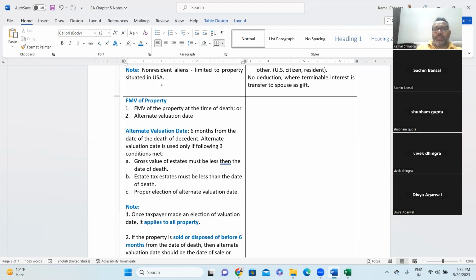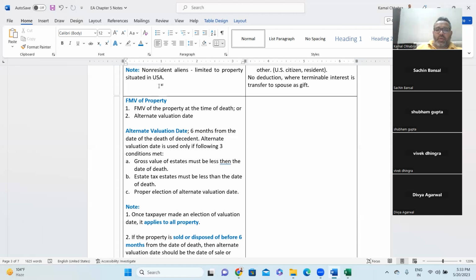That means, for example, if an individual dies on, let's say, 1st July 2023, right? In that scenario, 31st December can be considered as the alternate date. But when can you select the alternate date? If the following three conditions are met.